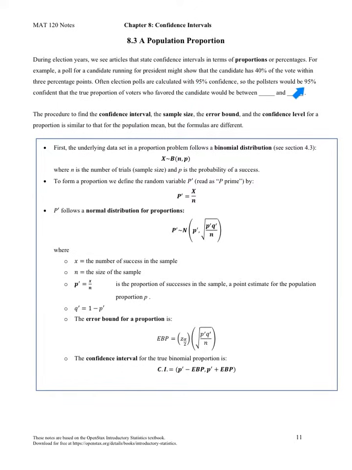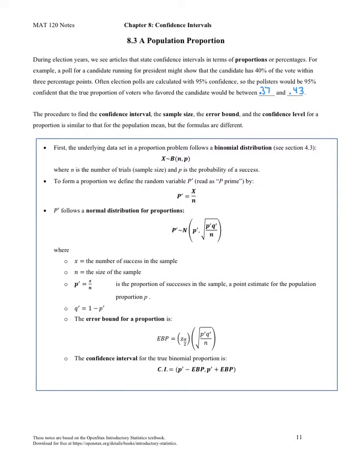So the pollsters would be 95% confident that the true population of voters who favor the candidate is between 0.37 and 0.43. The procedure to find the confidence interval for a proportion or a percentage is similar to that for the population mean, but the formulas are different.